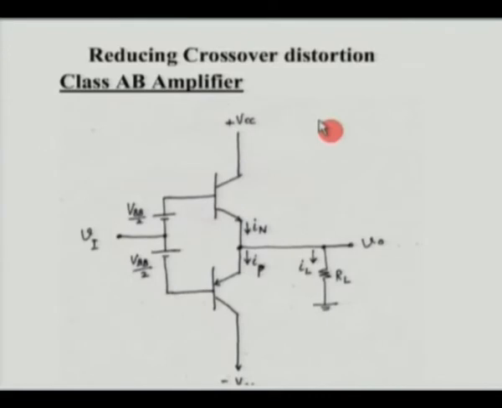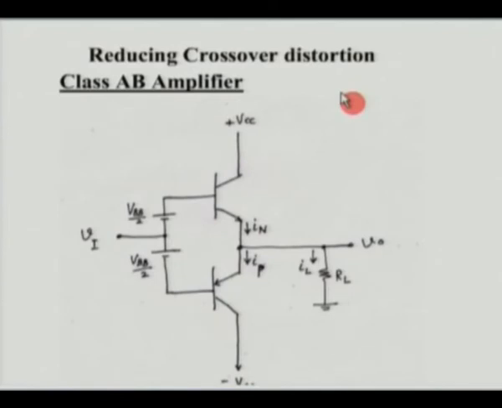As we discussed so far, class A amplifier, we also discussed class B amplifiers. Both these amplifiers are actually done only for the sake of theoretical analysis, and from our discussion so far, we saw that both of them are bad from the point of view of an actual application.